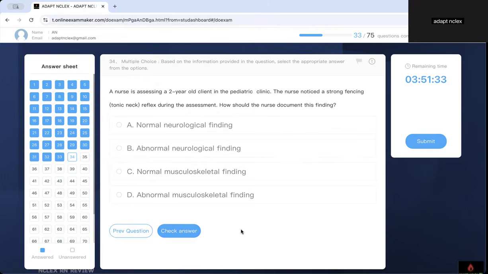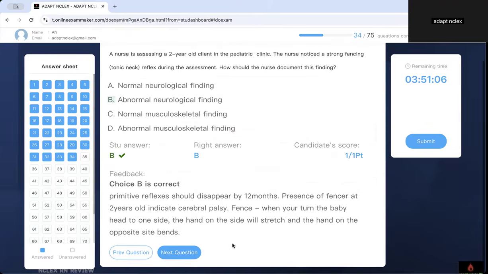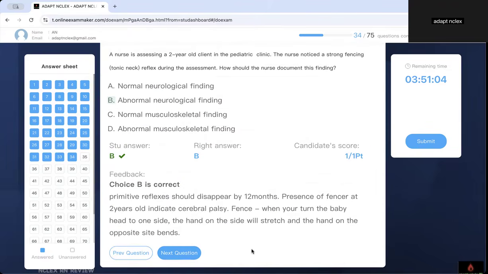It's a long question, a bunch of words, but the concept is what's needed. After 1 year, there should be no primitive reflex. Therefore, presence of a primitive reflex at 2 years is an abnormal finding. What are you going to pick? Neurological problem. It's not musculoskeletal. It's usually a neurological problem. This is the way you can answer the question using the concept.